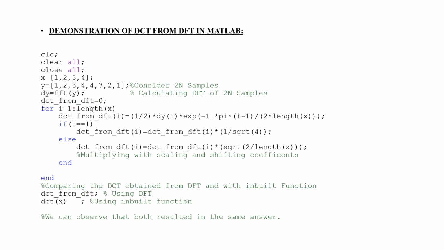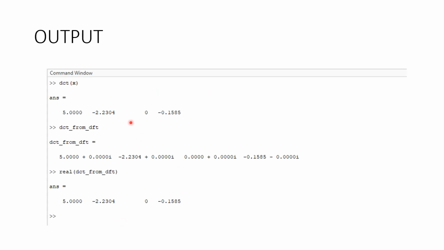Now if we check the result of DCT of x, it is using the inbuilt function, so the answer will be 5, minus 2.230 and minus 0.15. DCT from DFT is a variable in which we stored our values calculated from the DFT. If you observe these variables, these both are the same. So now we calculated the required DCT with the help of DFT.